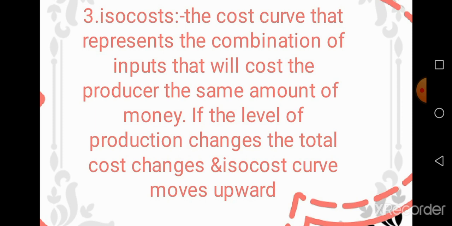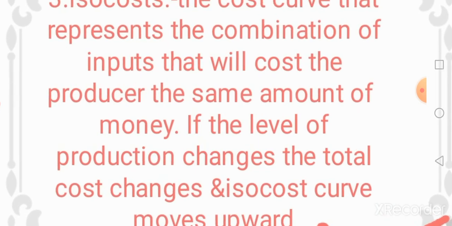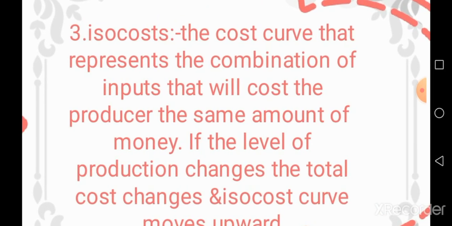If the level of production changes, the total cost changes and the isocost curve moves upward. In isocost, any combination of input factors gives the same cost to the producer.